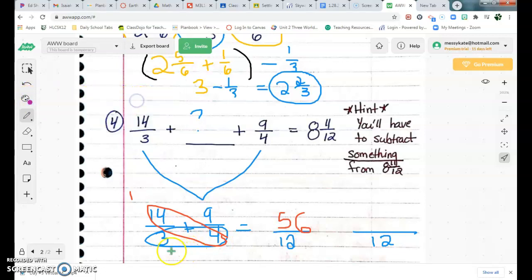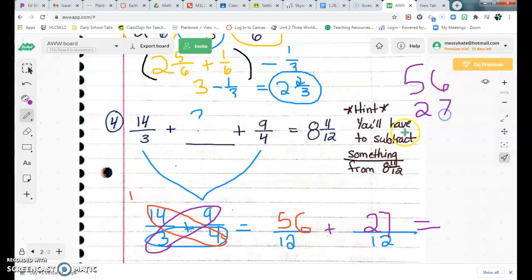Now I'm going to do 3 and 9, which is going to get me 27, plus 27. If I have 56 plus 27, 6 plus 7 is 13, carry the 1, 5, 6, 7, 8, which is going to give me 83 over 12.